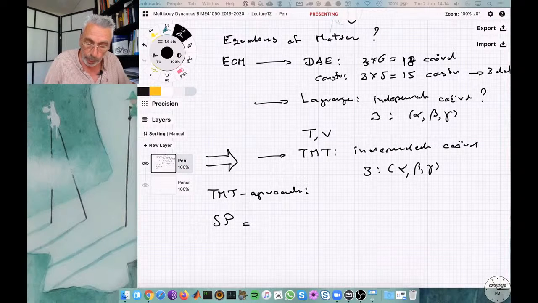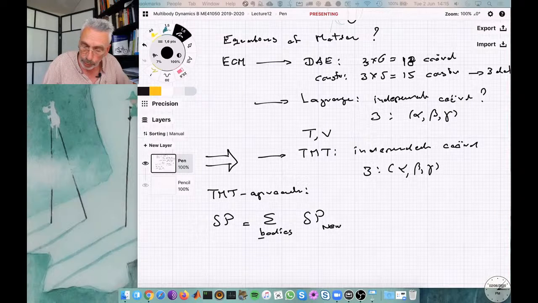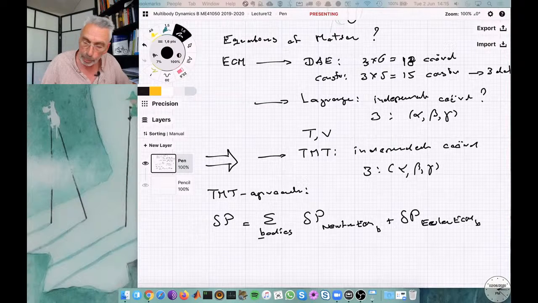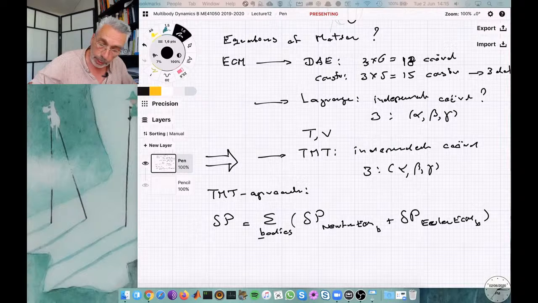And that is the virtual power where we sum up over all the bodies, and I say bodies with a B. I sum up all the bodies of the virtual power of the Newtonian equation of motion for every body plus the virtual power of the Euler equation of motion of every body. Because we can really distinguish between the translational part and the rotational part. And the sum of this virtual power is, of course, zero. What does that look like? Let's see.